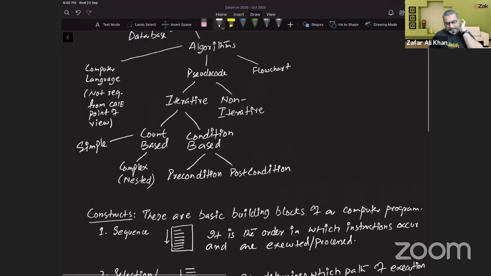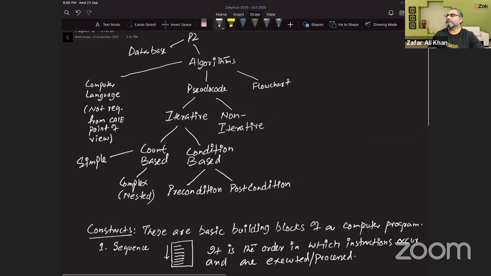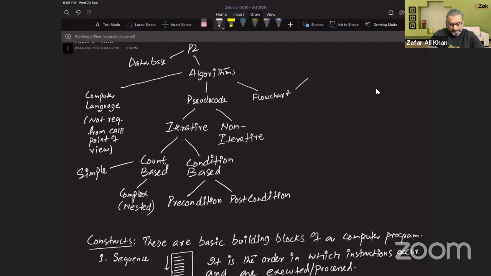Now, let's move on to flowcharts. You would have to read flowcharts, and in technical term we call it trace.